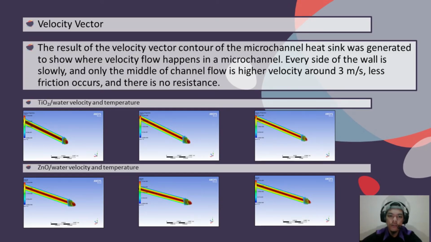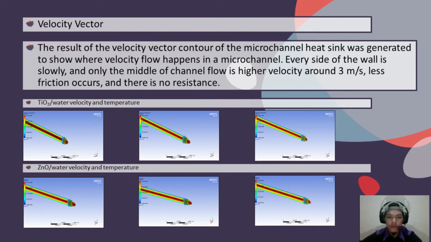Next we go to velocity vector. The velocity vector contour of the microchannel heat sink was generated to show where the velocity flow happens. Every side of the wall is slow and only the middle of the channel flow is higher, around 30 meter per second, because less friction occurs and there is no resistance.